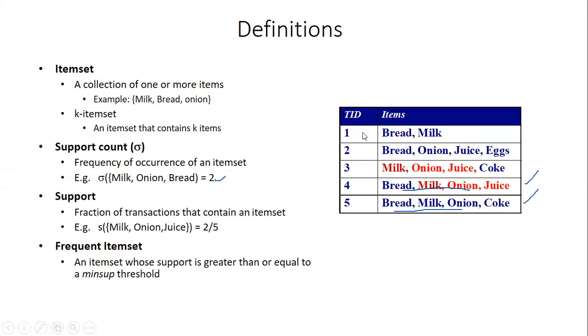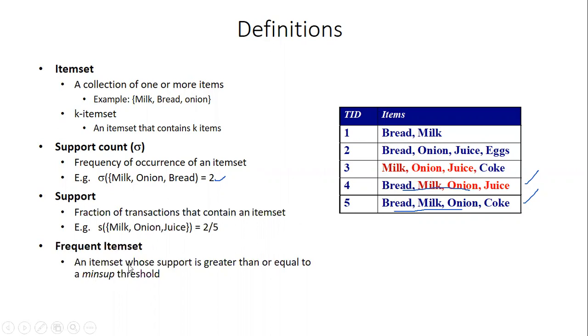In the business, the marketing department may fix some threshold, that out of 1,000 transactions, 20% of the transactions should have this combination of items sold. Say for example, here, out of 5 transactions, a minimum of 2 transactions must have milk onion juice. Only then will we consider it a frequent item set.